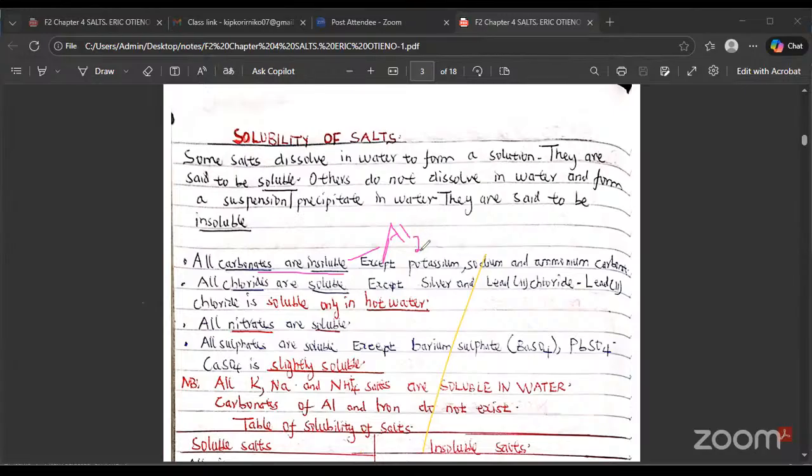I don't even know if the formula would have been like this. So aluminium carbonate and iron. Can you hear me? Very well. Iron 2, iron 3. Let me just do iron 2. We have two ions.